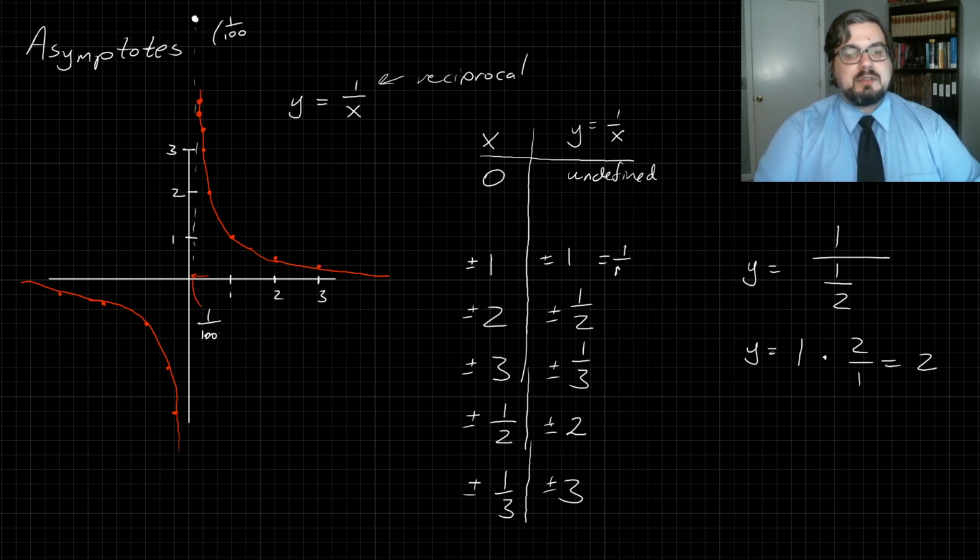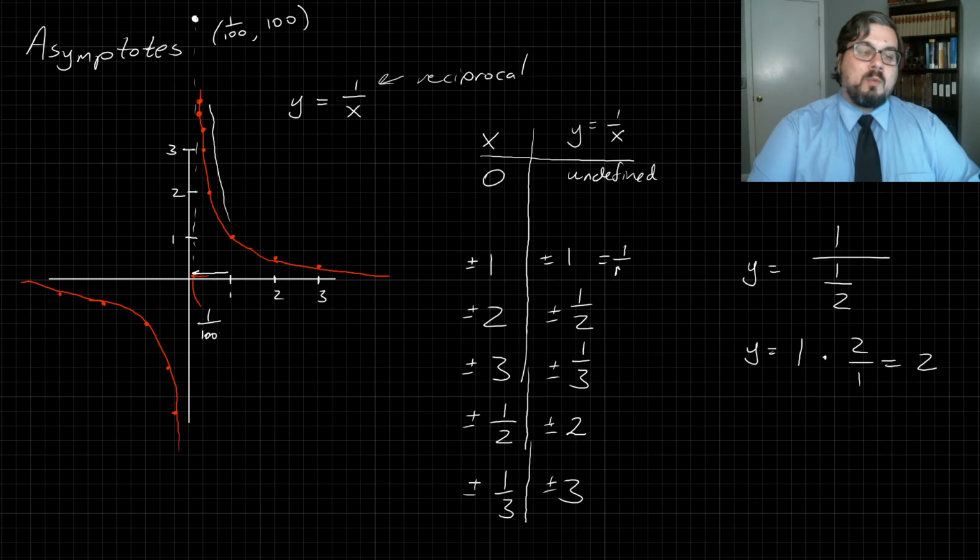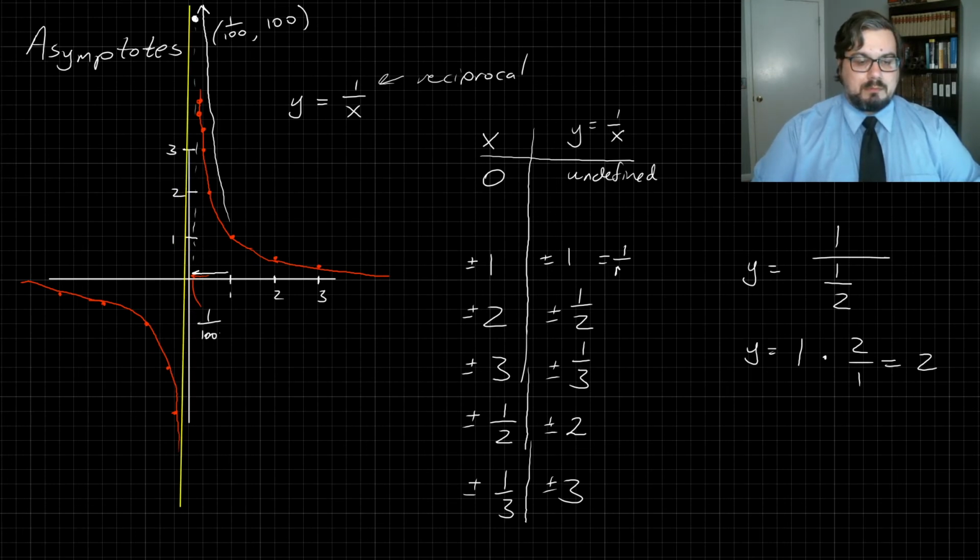So the point 1/100th comma 100 is on the graph of the function. And in fact, as you move closer and closer to 0 along the x-axis, you wind up getting larger and larger y values. This is an example of what we call a vertical asymptote. We'll define it in a second, but this is the picture to keep in mind about it.